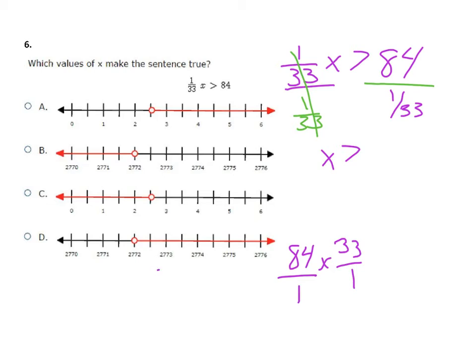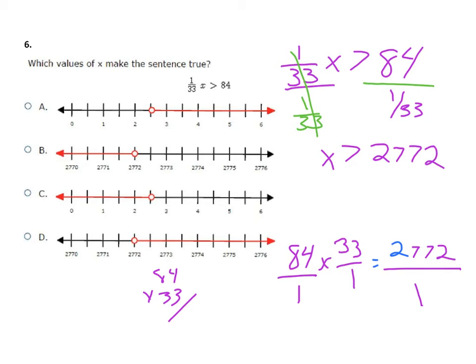And then I'm going to have to take 84 times 33. And once I work that out, that's going to be 2,772. And then 1 times 1 on the bottom is 1. Which is, when you have a 1 in the denominator, you can just drop that.